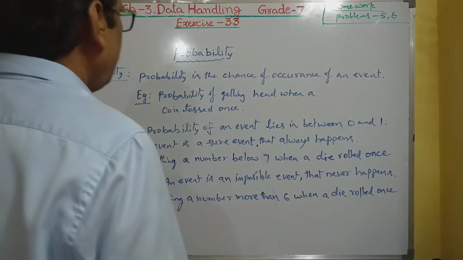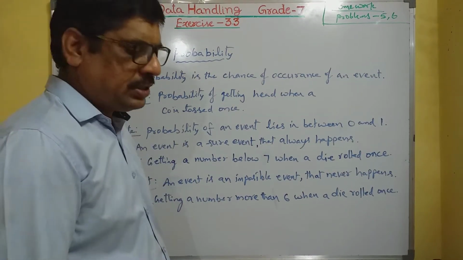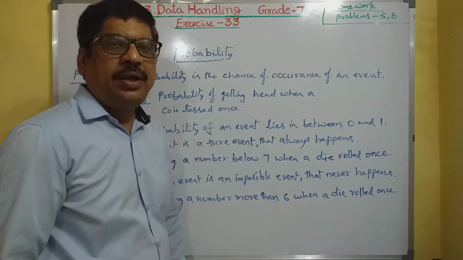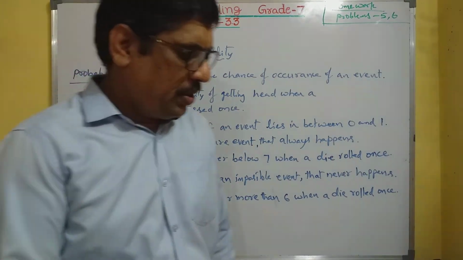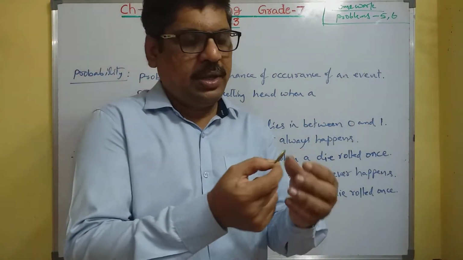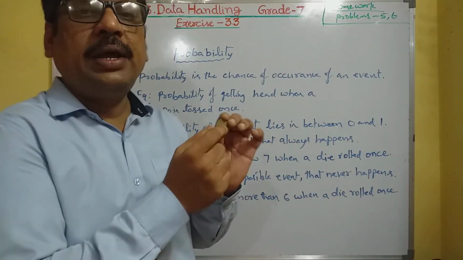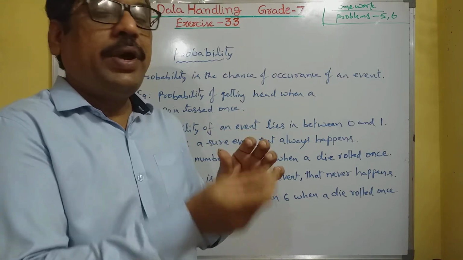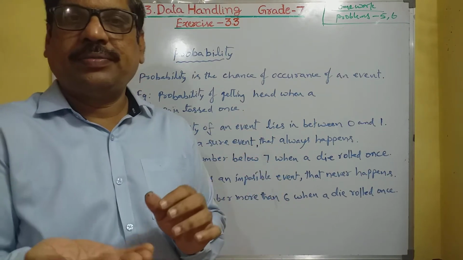Now we are going to learn a new concept, that is probability. What is meant by probability? See here, for example, I have taken a coin. It has head and tail. If I toss it, what will I get?